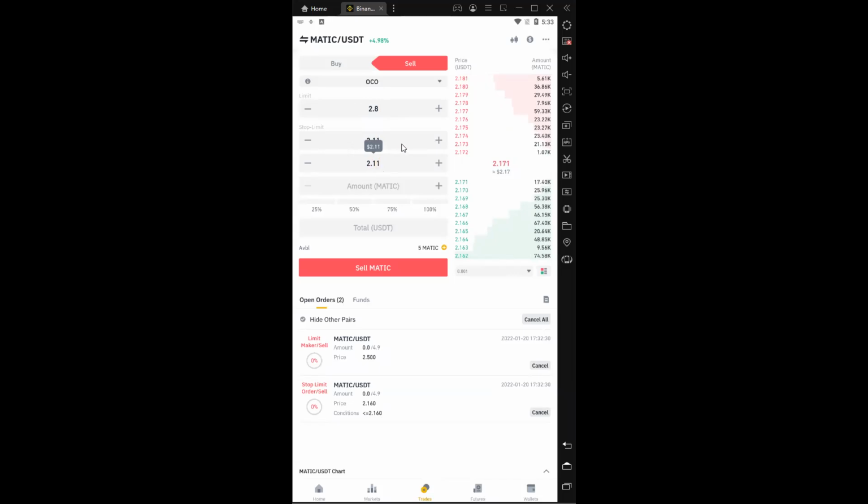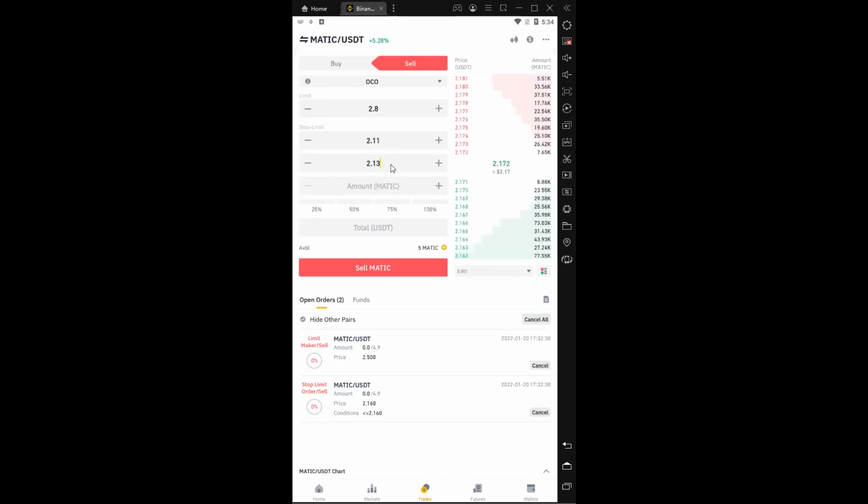So this one has to be the same. The reason these two have to be the same is that you are telling the market that when the price reaches this price, place an order for me at this price. Of course, if the market is going down, you could say when the price reaches 2.11, place an order for me at 2.13. But if the market is dumping, in a free fall, you are expecting it to go lower than its previous price.